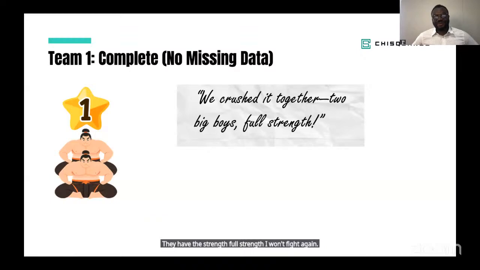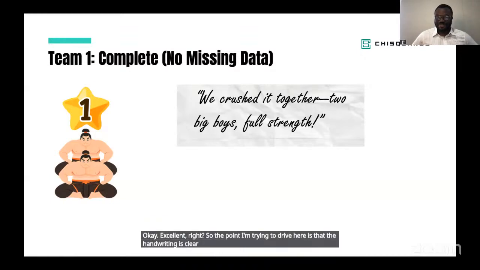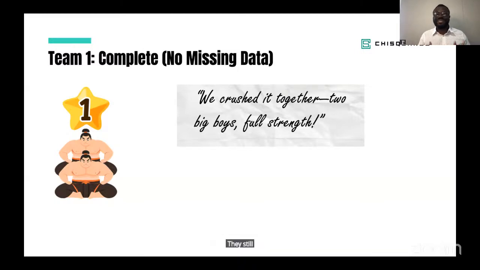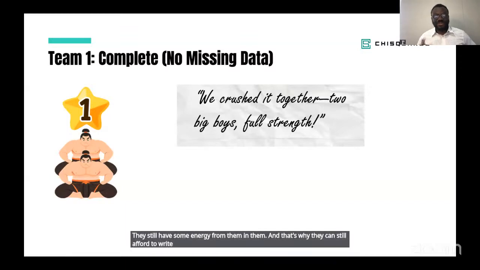Excellent, right? So the point I'm trying to drive here is that the handwriting is clear because there are two of them. Like you said, they can still fight again because there are two big guys who were fighting, and so they still have some energy in them, and that's why they can still afford to write very legibly. So the point is that precision is driven by the number of people we have.